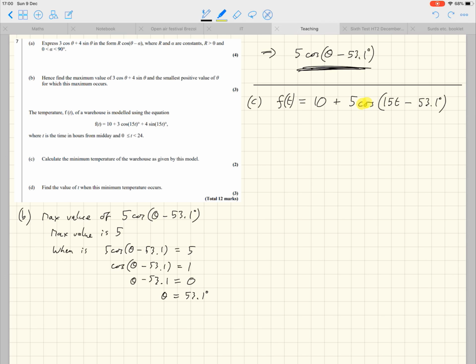All we need to spot is that the cos of something goes between minus 1 and 1. It can only operate in that range. So at its absolute maximum value, when it's 1, the temperature would be 10 plus 5 lots of 1, i.e. 15. But the question asks us for the minimum value, so it's going to be 10 plus 5 lots of minus 1, which is of course 5.